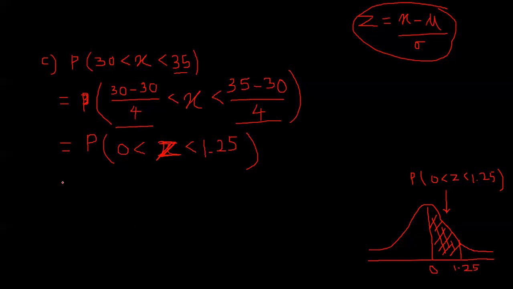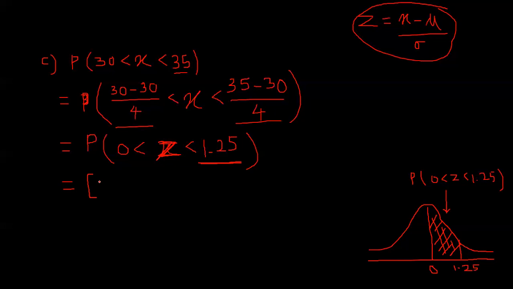So when you want to get the value here, the area to the left of Z, this is the area to the left of Z, the value at the left here, at this area, that is 1.25.